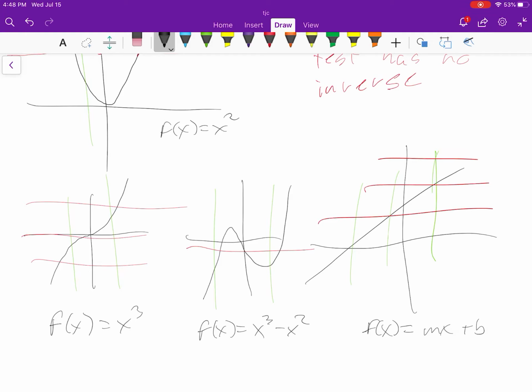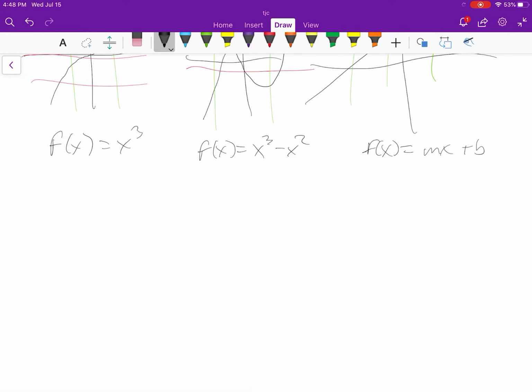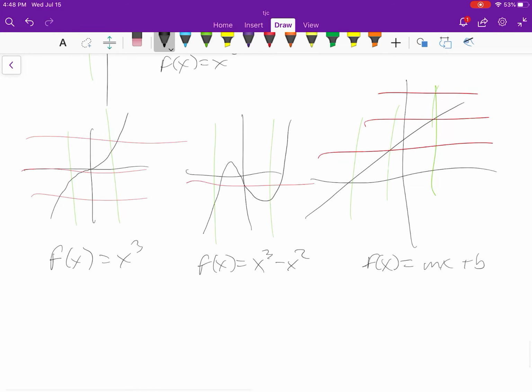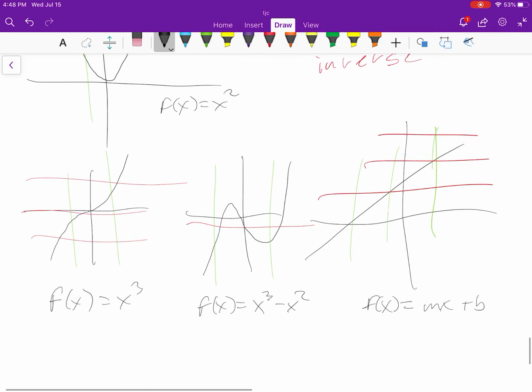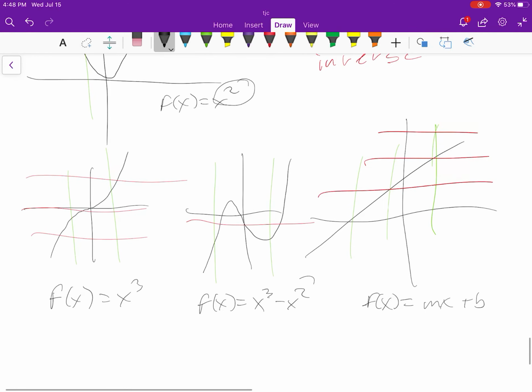And linears are invertible. Okay, which kind of tells you general equations. So if your function is even, if you have even powers in your function, then it's not invertible. Okay, not directly. So notice here, this guy was not invertible.